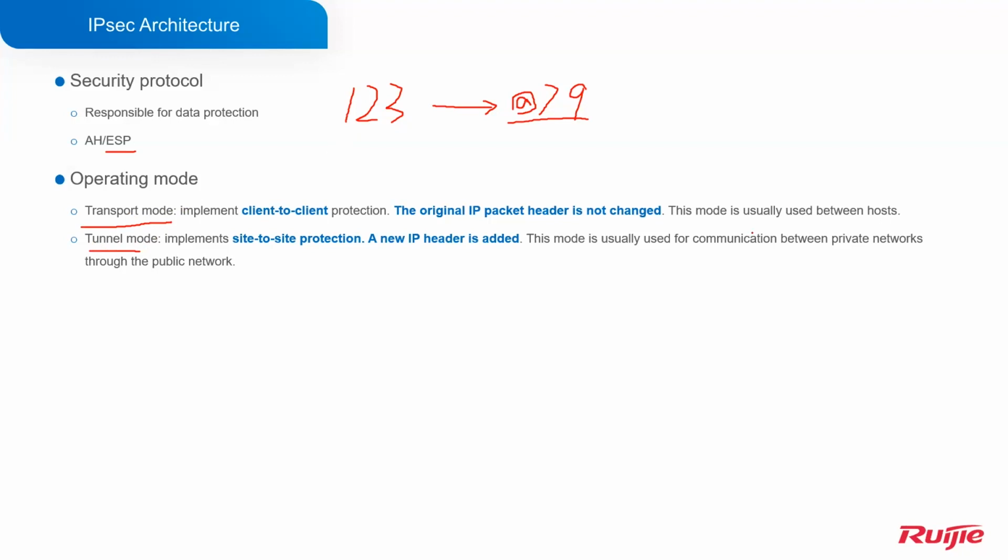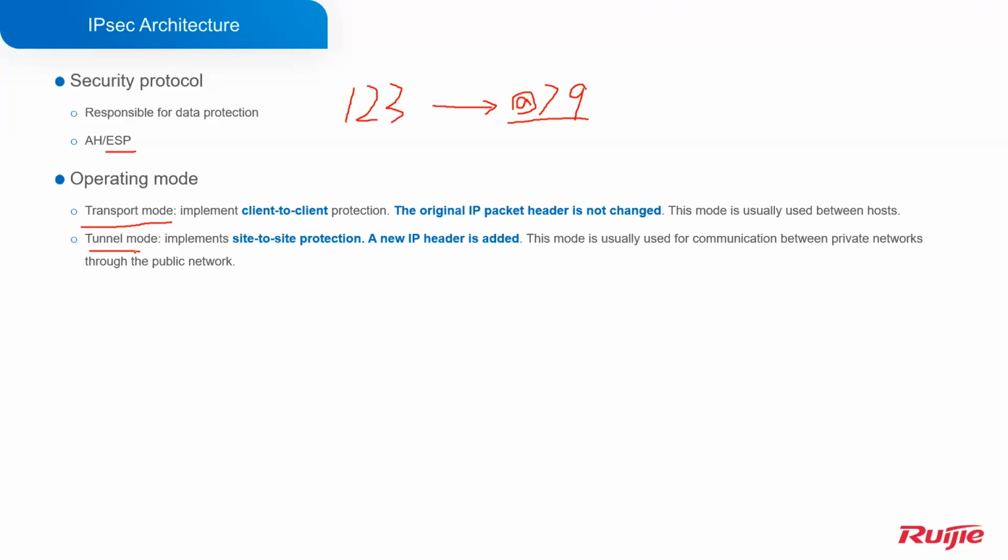So this mode is usually used between two hosts, not like the VPN we explained before, where we have to add a new header. In this mode, we directly use the original IP packets. So this is the first one.